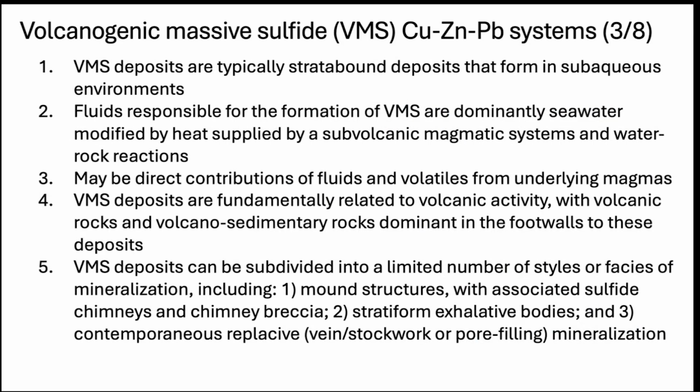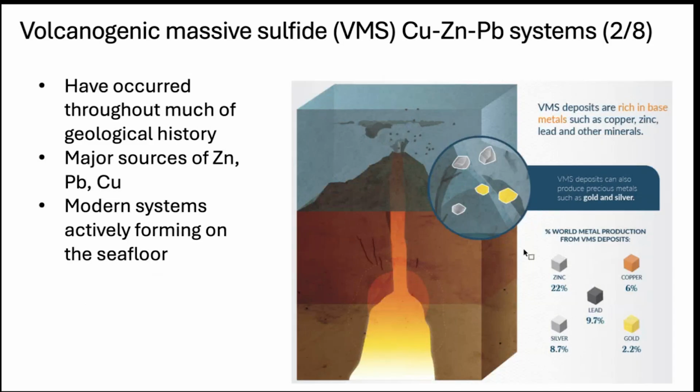Matt, a question. What fraction of the mineral wealth of the Canadian Shield is VMS deposits, in your rough opinion? Oh, that's a great question. Ballpark it. 25%, 20%, something like that. Oh, it's not as important as I thought it was.